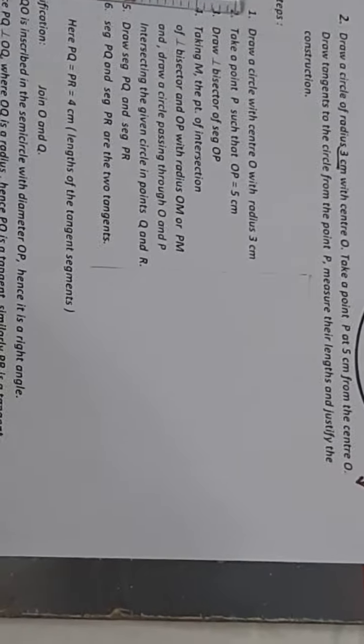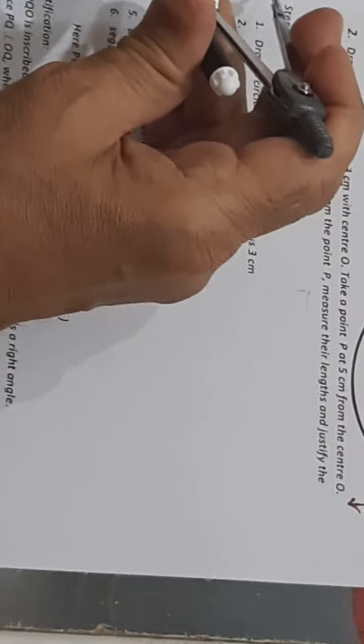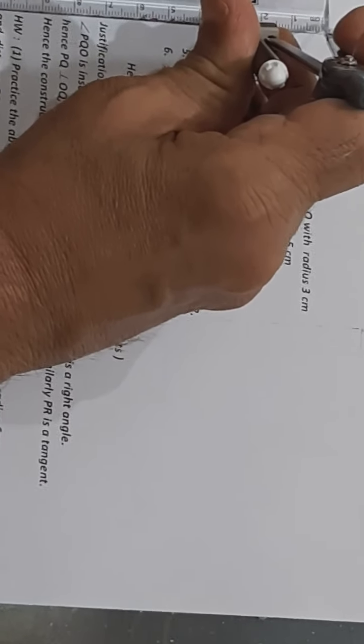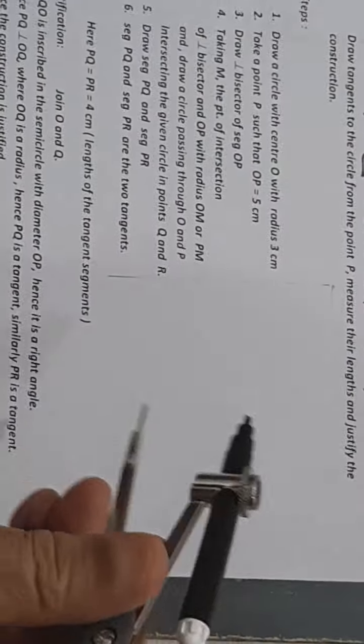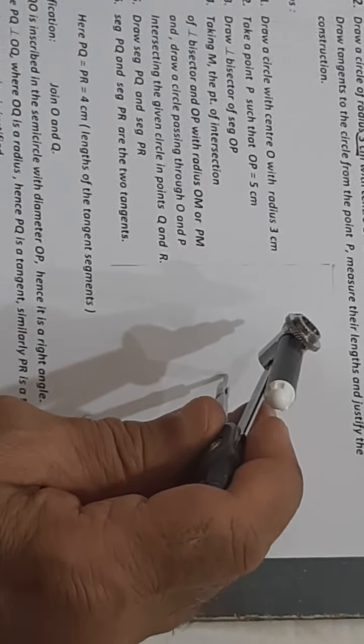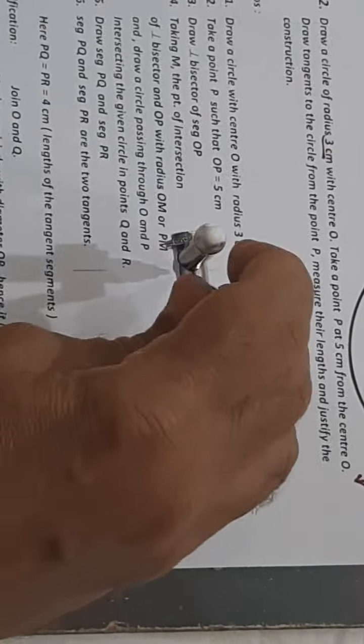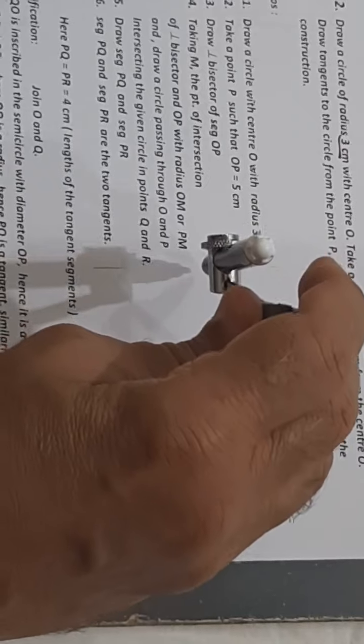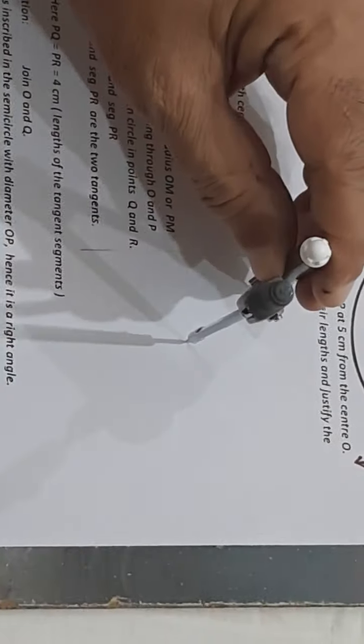First we'll draw the circle of radius 3 centimeter. So take a dot, that will be the center, and draw one.